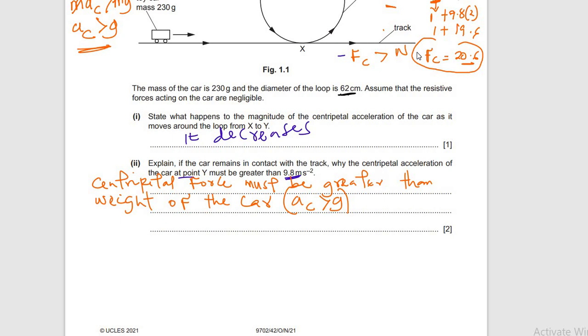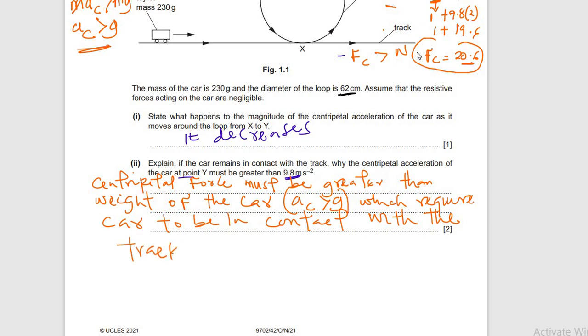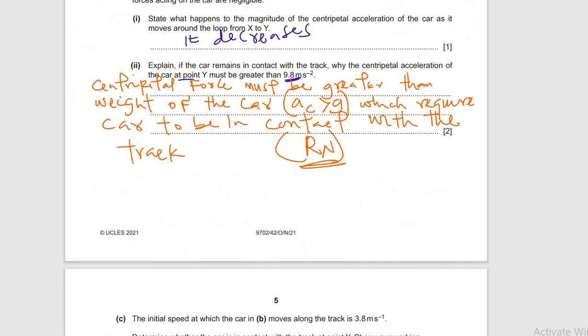Centripetal force is greater than the weight of the car, which requires the car to be in contact with the track. To be in contact means that there will be normal reaction. That's it. Contact force, normal reaction. I think that's what is needed.